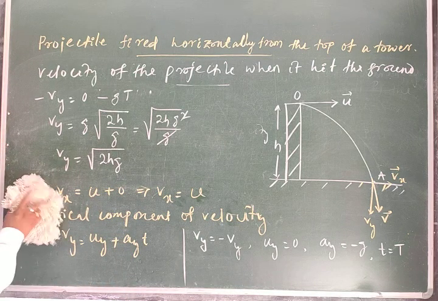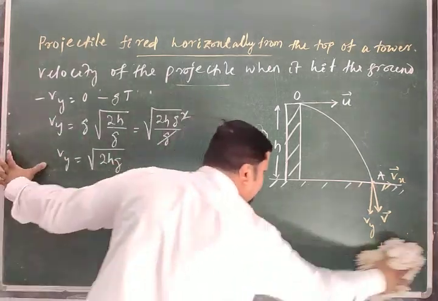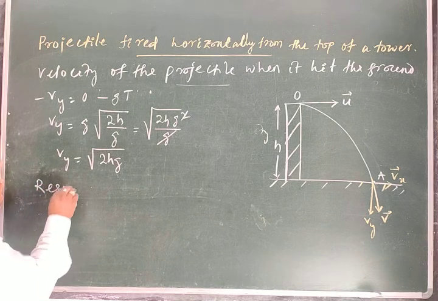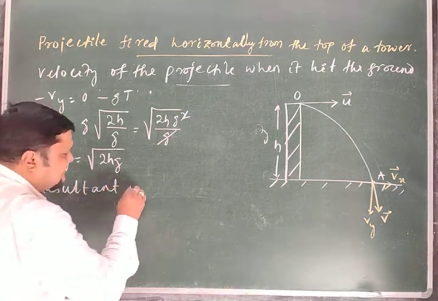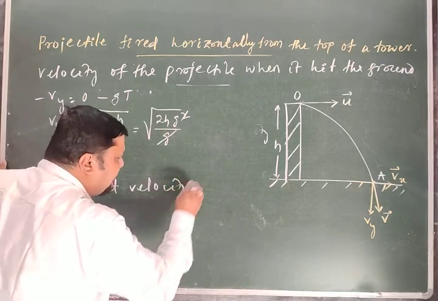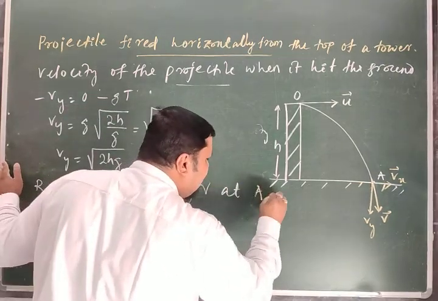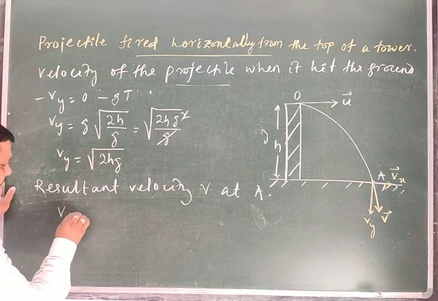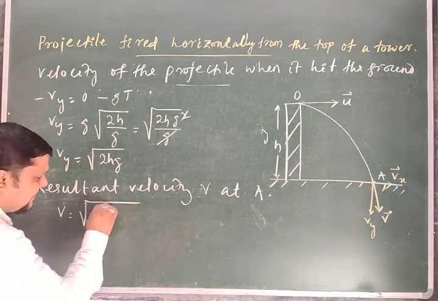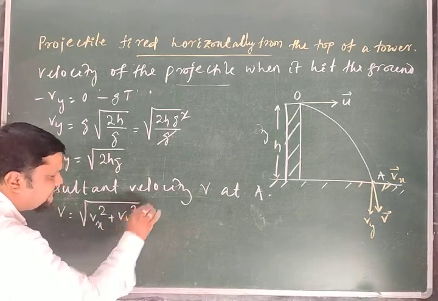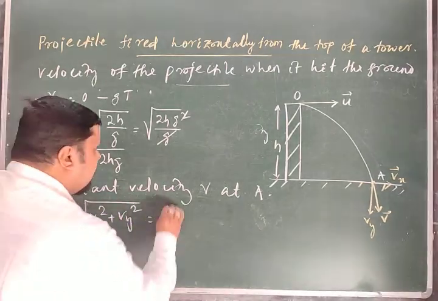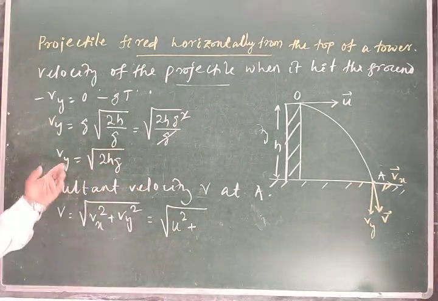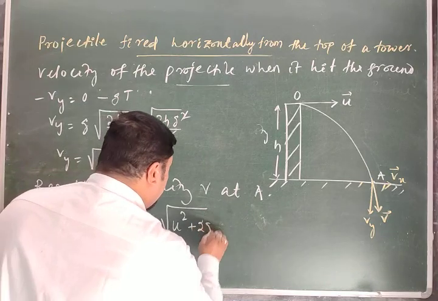So what is the resultant velocity now? The resultant velocity V at A, at the point where it hits the ground, again they are perpendicular, so V is equal to root over Vx square plus Vy square. Vx square is obviously u square, and Vy square is root 2gh whole square.